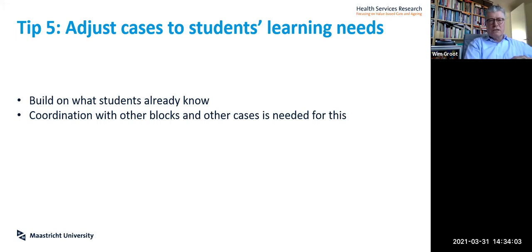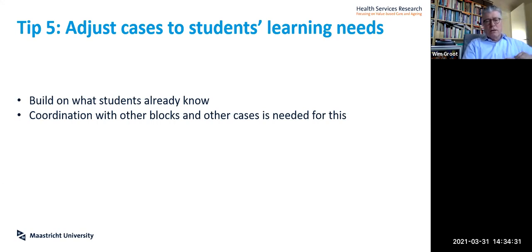So what is needed is coordination with other units, other blocks, and also within blocks, coordination with other cases. There also should be a logical flow and logical build-up in the cases within the block that enables them to accumulate knowledge and build on what students already know.